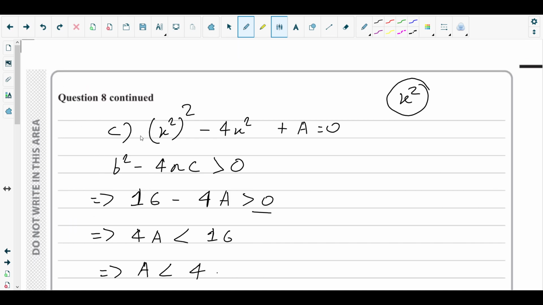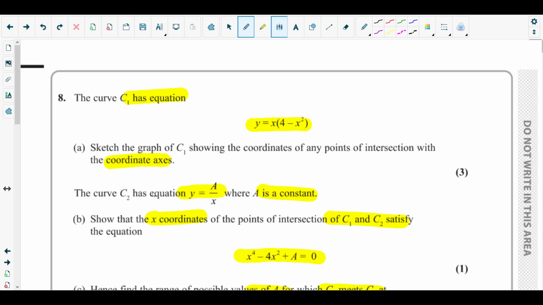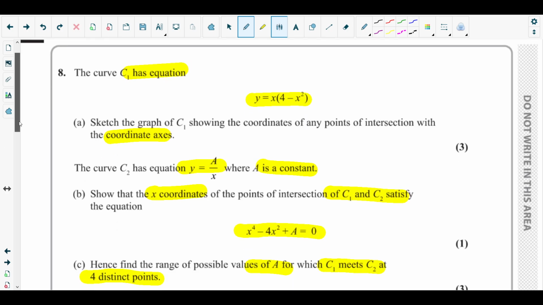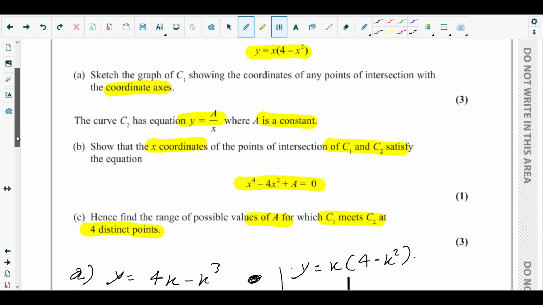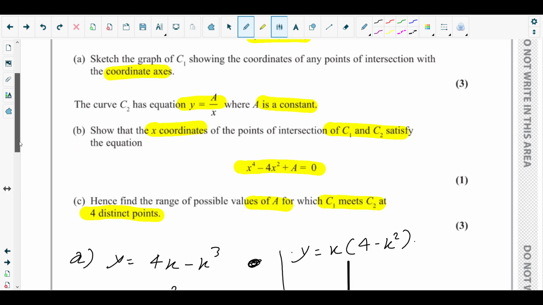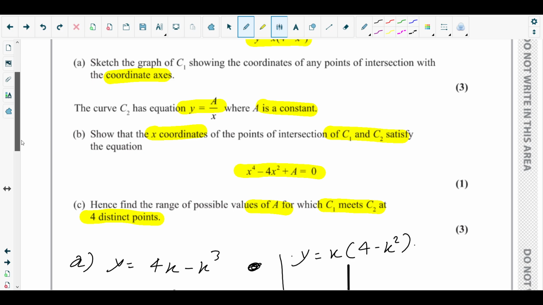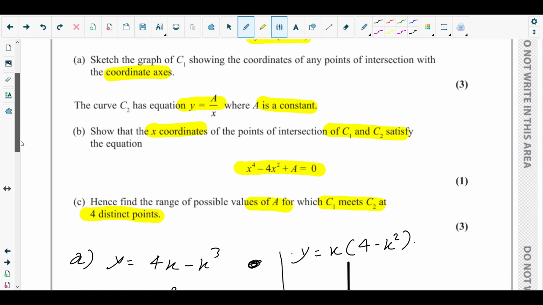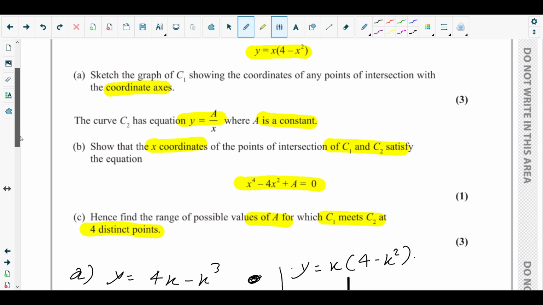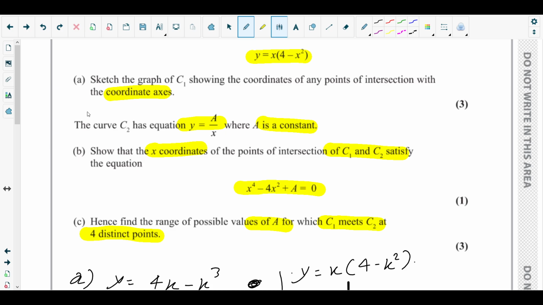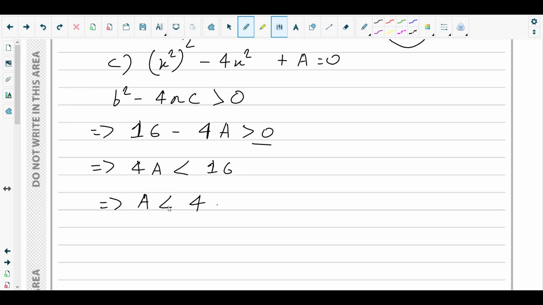So we got the value for a: less than 4. But there's a fact to consider. A less than 4 means a can be negative, 0, 1, 2, 3, anything.